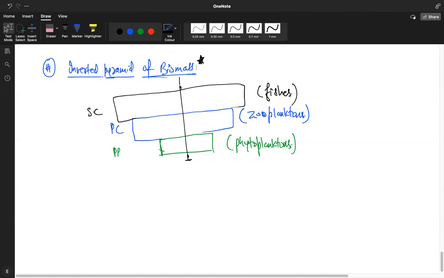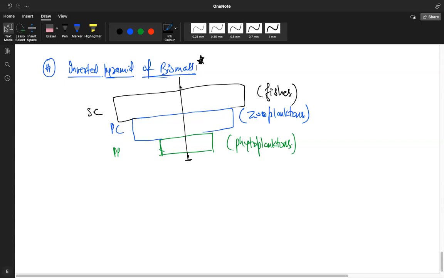But an energy pyramid can never be inverted because there will always be some energy loss in the form of respiration, correct? Or just by radiating heat from the body to maintain the body temperature, that will always be there.